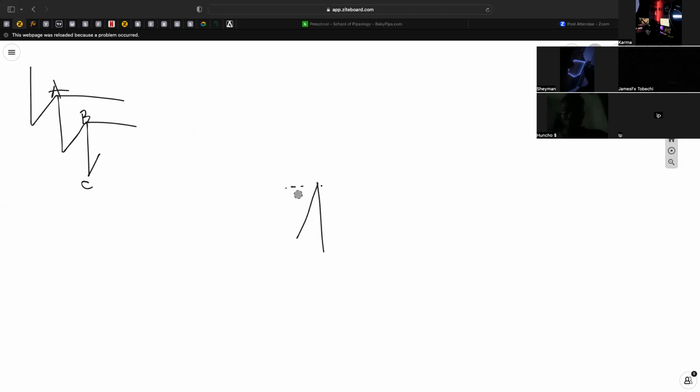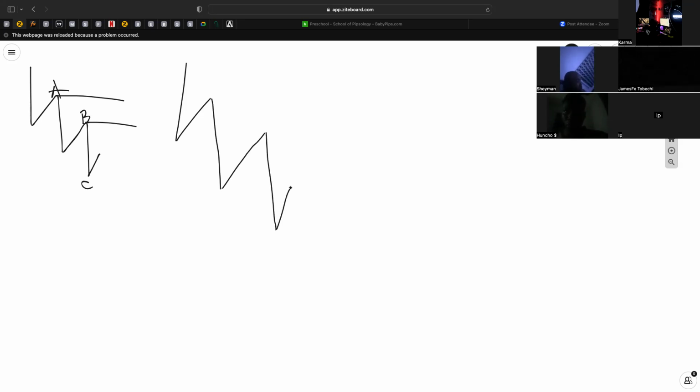The basic incomplete pullback is when the market is coming on an impulsive phase like this, and the market refuses to pull back to 50%. Let's say this is the 50% level. When the market refuses to pull back to the 50% level and creates a new low, that simply tells us this is an incomplete pullback, right?